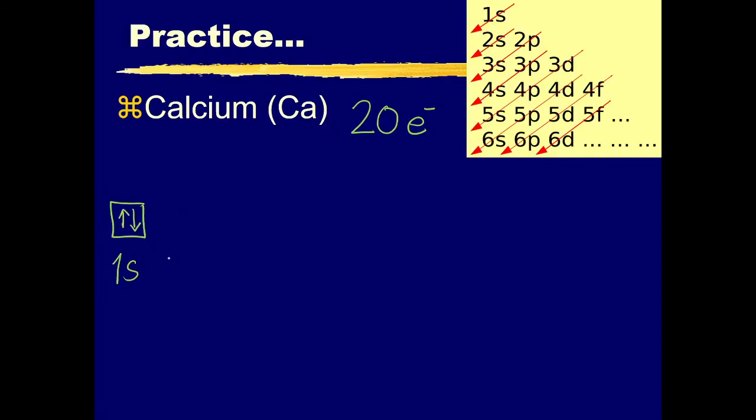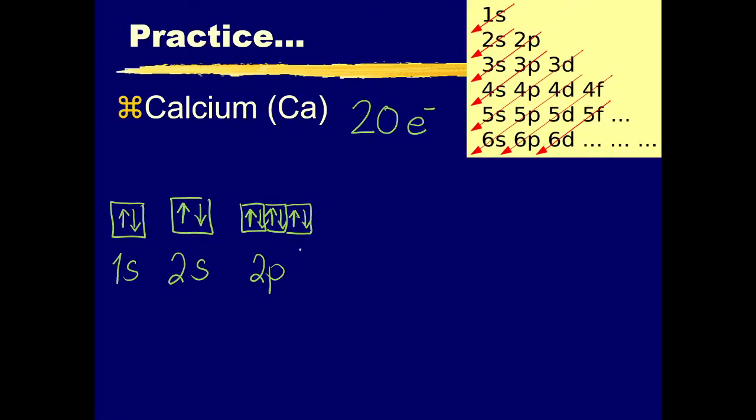Sunod ni 1s, 2s. Fill it up, 1, 2. Sunod ni 2s, 2p. We have 1, 2, 3 boxes there, going up, then going down. So take note na natay 10 ka electrons nga butang.